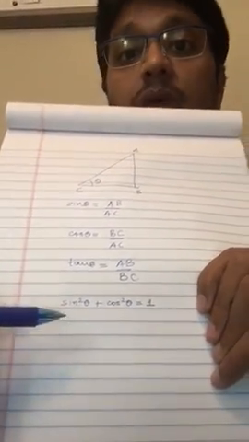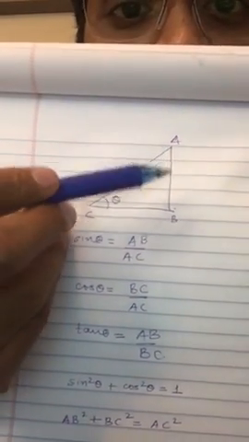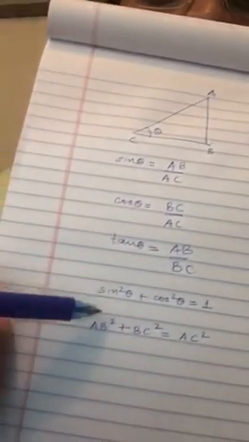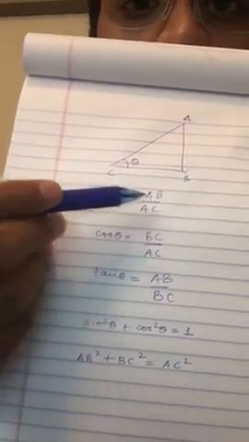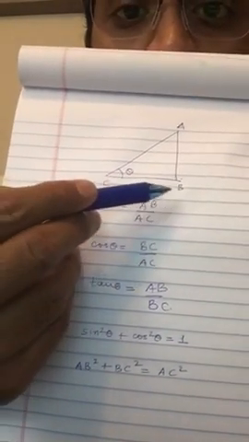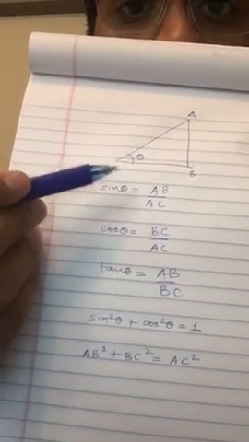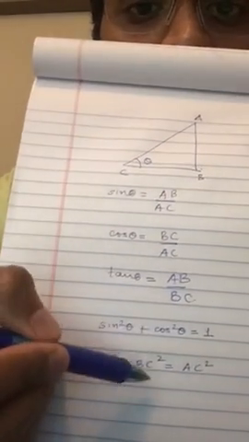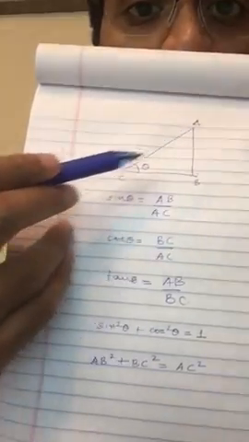Let's see how we get this result. Everybody knows about the Pythagoras theorem, that the perpendicular square plus the base square is equal to the hypotenuse square. Our perpendicular is AB, so I'm writing AB square plus my base square, that is BC square, is equal to my hypotenuse square.